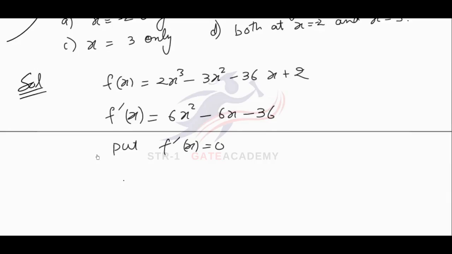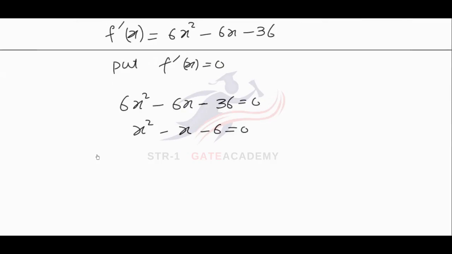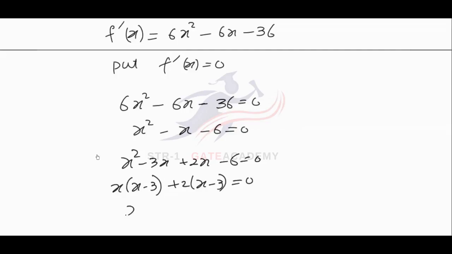It is x square minus x minus 6 equal to 0. If you split the middle term, x square minus 3x plus 2x minus 6 equal to 0. x common, x minus 3, plus 2 common, x minus 3 is equal to 0. So x equals minus 2, 3.